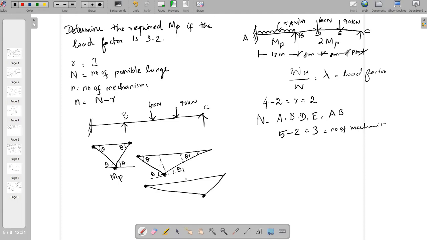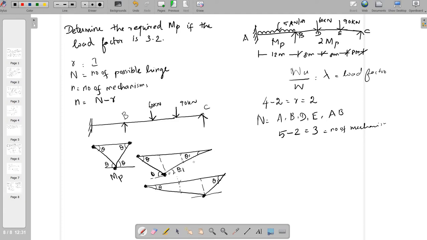So it is theta 1. In this condition, the third mechanism is under the 90 kN load. If I specify here, it is theta, here it is theta 1. Under the 60 kN load we can find a different deflection.